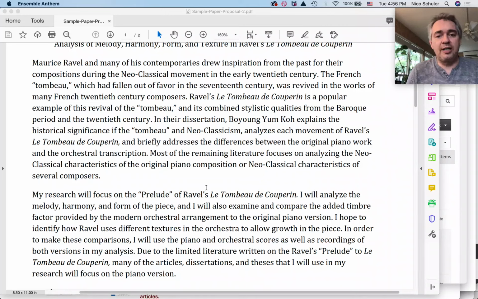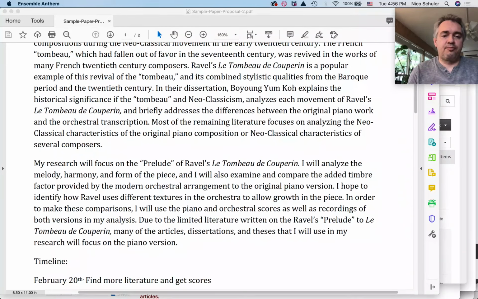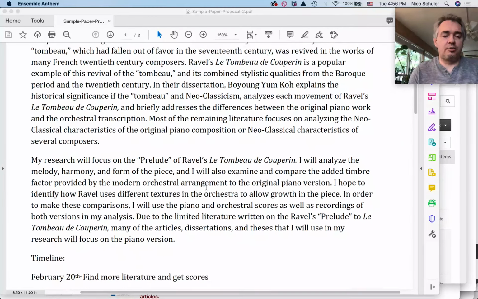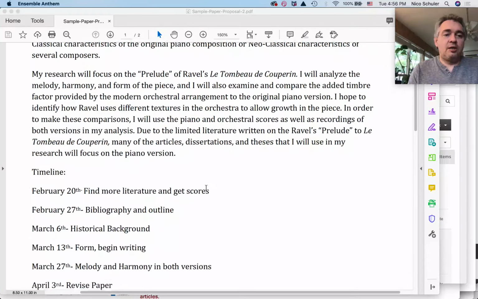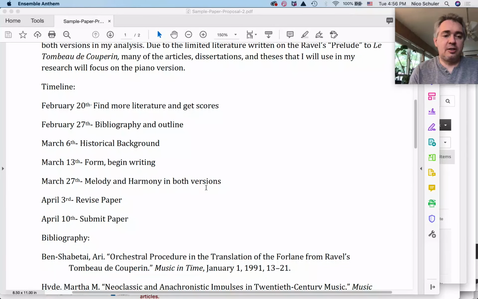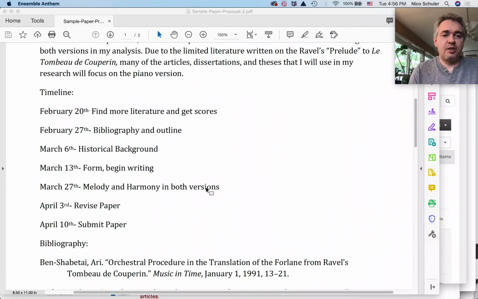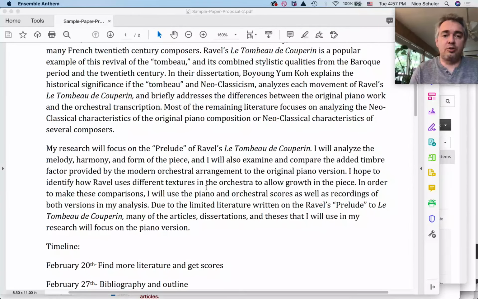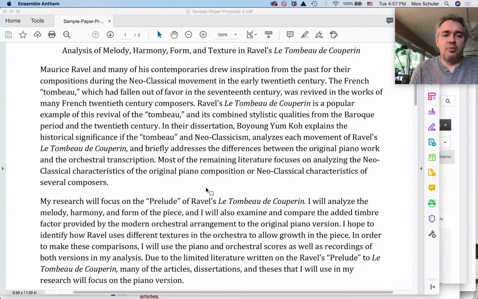It is implied here. But proposals are always best to point out what is the original contribution to the scholarship, so the originality.